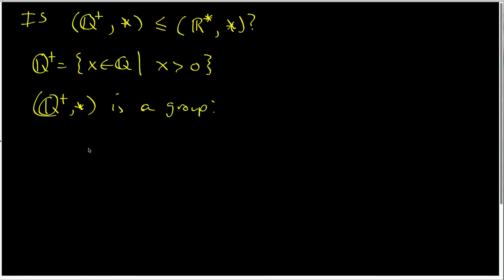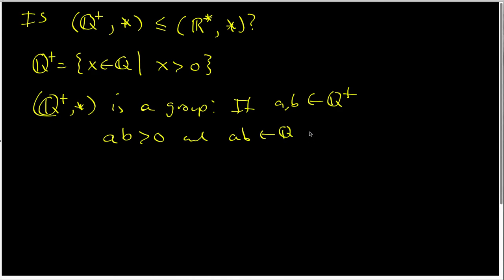Very briefly, if I look at two positive rational numbers, the product will be positive and the product will be rational. So that means the product will be inside Q plus. Associativity: multiplication is always associative, so I'm not even going to write that down.